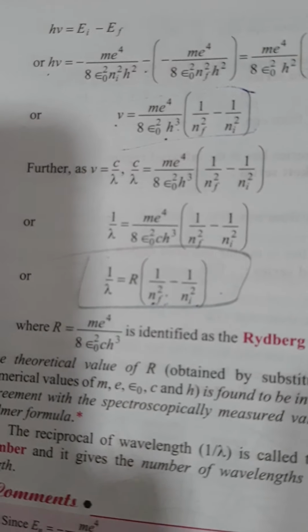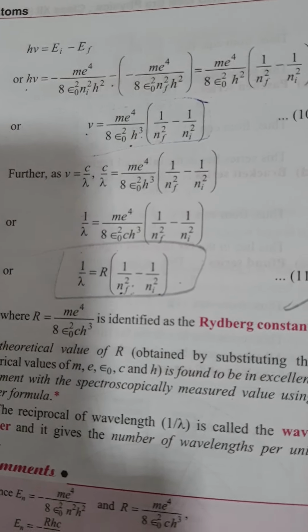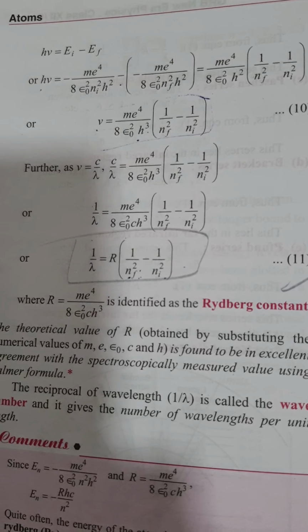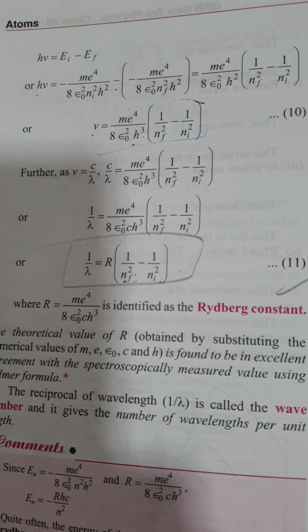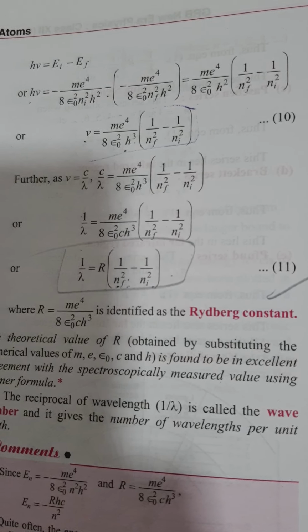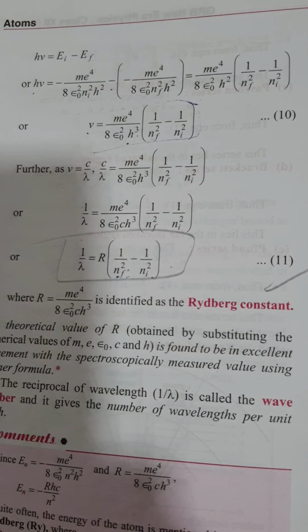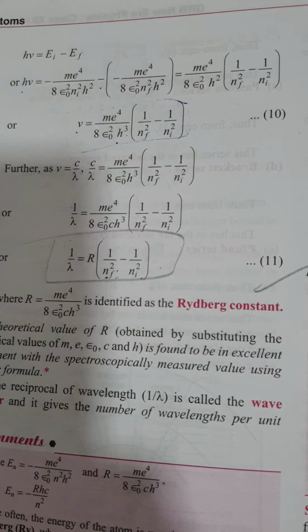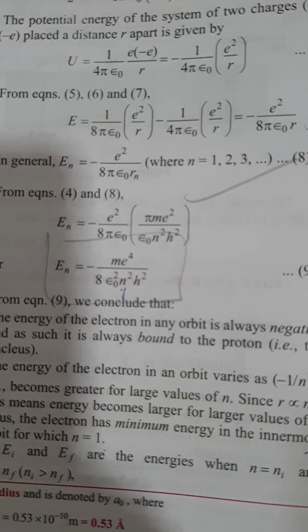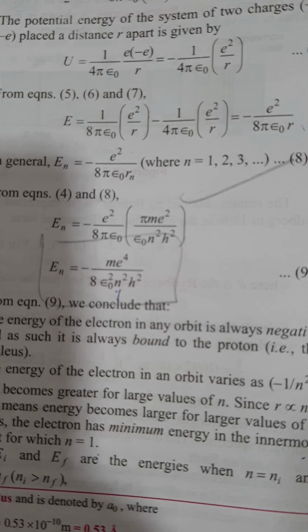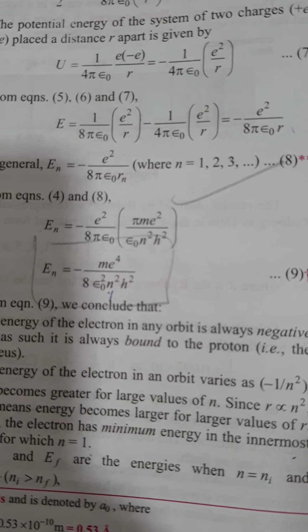Now see here, h nu is equal to Ei minus Ef. That is the third postulate of Bohr, that the energy emitted h nu is equal to Ei minus Ef. We already learned the formula of energy in a level: minus m e raised to 4 upon 8 epsilon naught square n square h square.